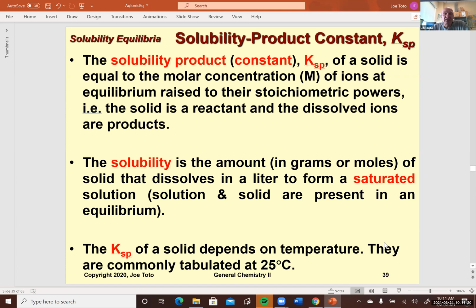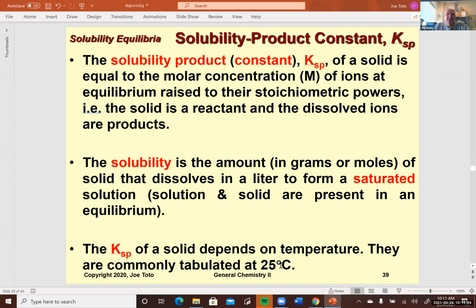Solubility is just the amount of that solid that dissolves in a given amount of solution. And so that amount can be measured in moles, and in that case, you would call it molarity, the amount per volume, or it could be measured in some other units like grams per liter. And you can convert from one to the other. So that's what solubility is, how much of that solid dissolves into solution.